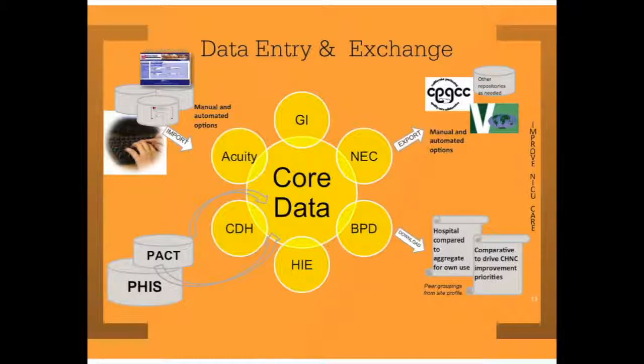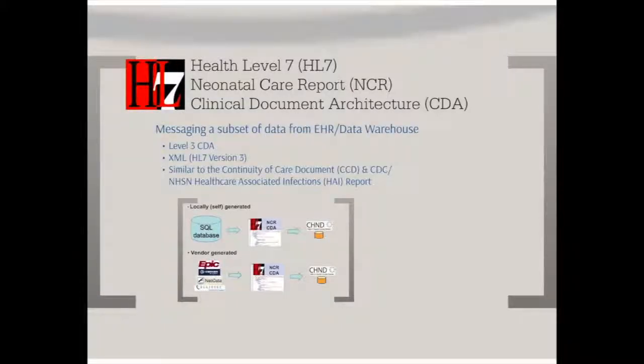But one of the initiatives that I wanted to touch on is we developed a CDA for getting some information. So we developed what we call the Health Level 7 Neonatal Care Report CDA. And this is a Level 3 CDA that's based in XML, and it reuses a number of the components that are used within the CCD.